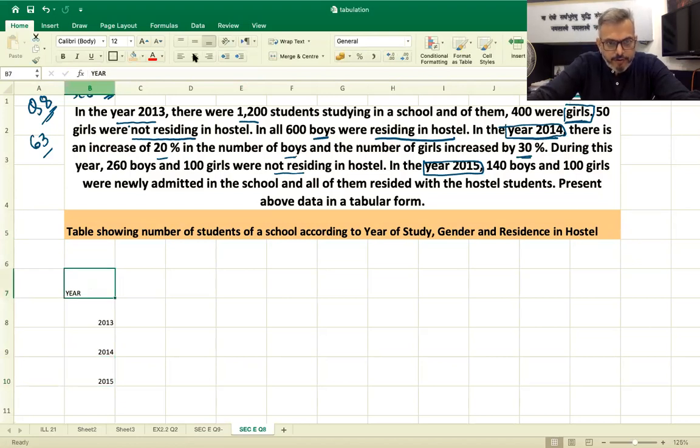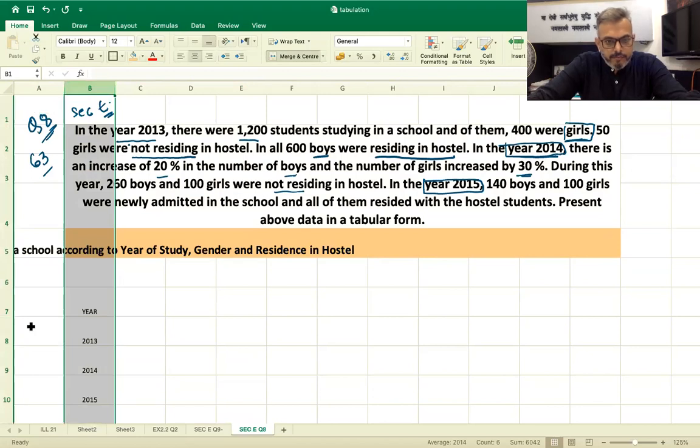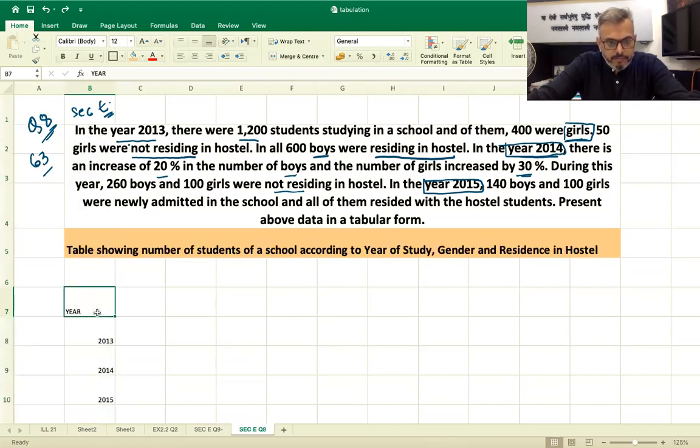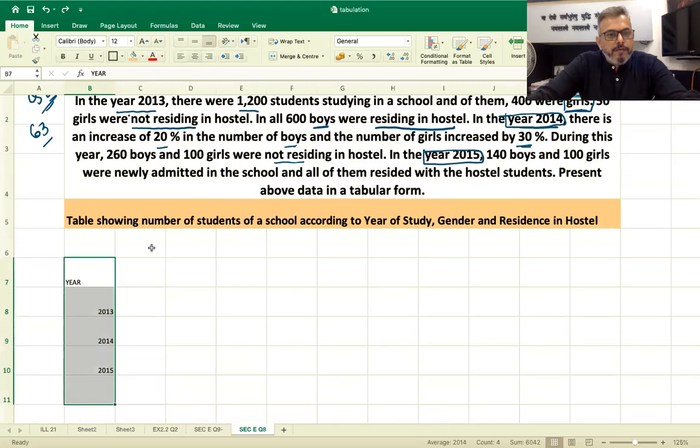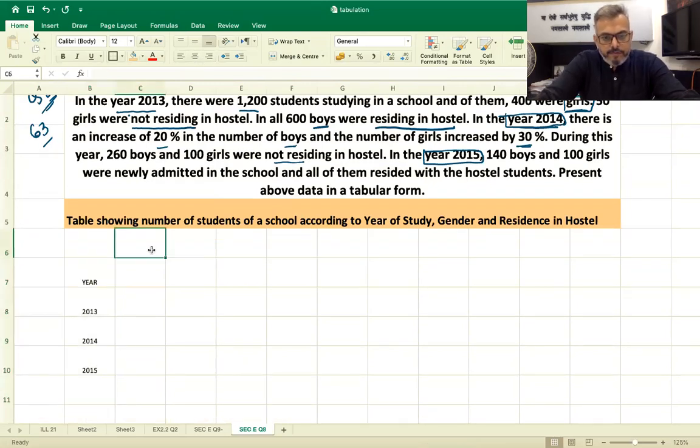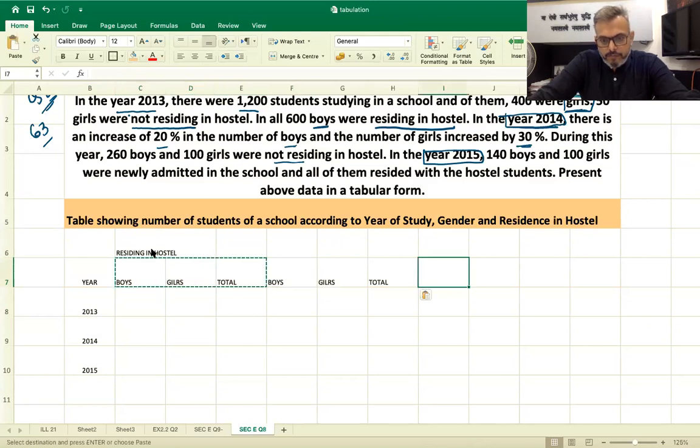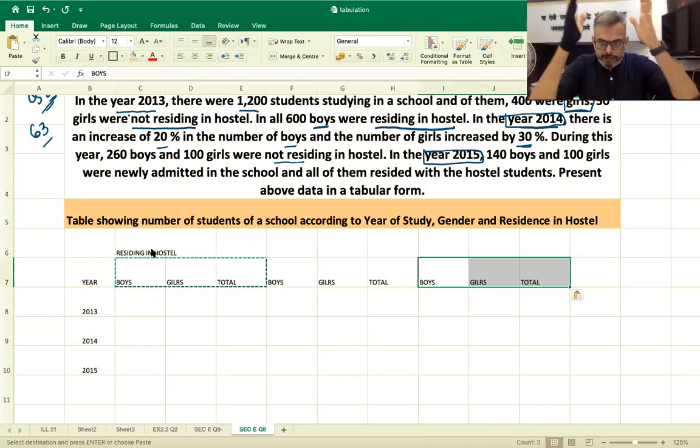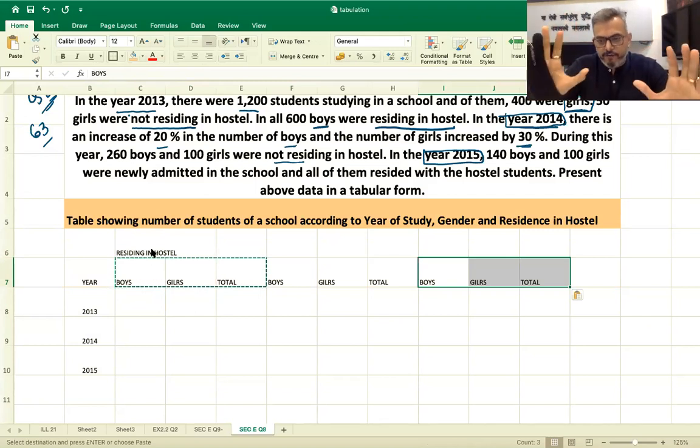We don't need total over here. Then we have resident or residing in hostel, boys, girls, total. In your notebook, you can do it horizontally, okay? If vertically you are not able to manage all these columns, then you can do it horizontally. That is also right.